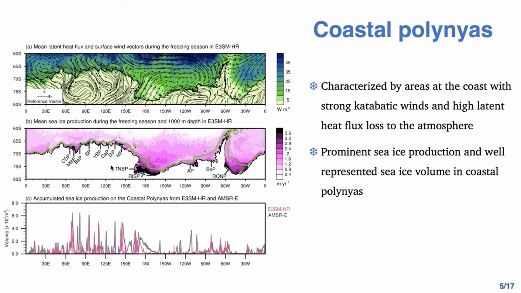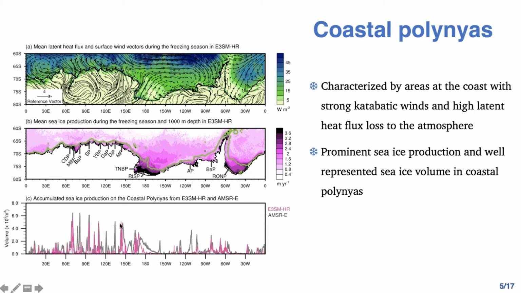And so you see that there are these very high values near the coast and in these regions that are basically the main coastal polynyas. And they are also associated with the strong winds coming off Antarctica, and they're not easy to see, but there are very small areas of high latent heat flux exchanges.